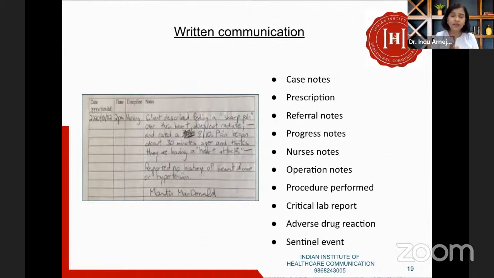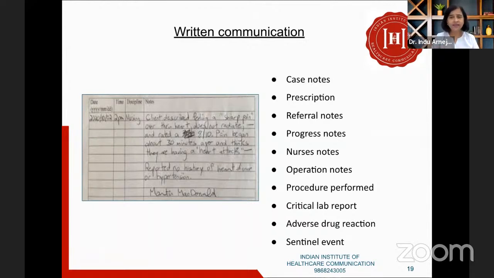When you write a prescription, please remember this is going to be used by the patient, or the person who's going to dispense the medicine, or the person who is going to inject or give the medicine. That means doctors write, and either the nurses or the pharmacist or the compounder or the patient is going to actually use this document. So when you're writing this, you have to really know who is going to use this. Are they able to read what I'm writing?